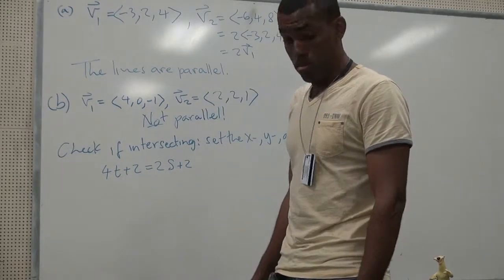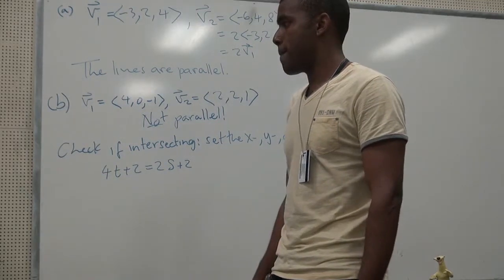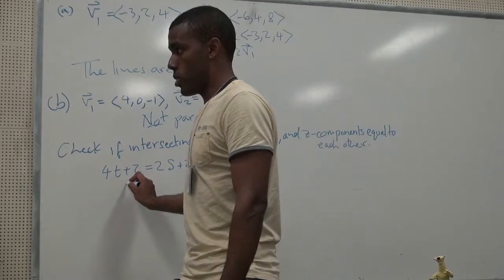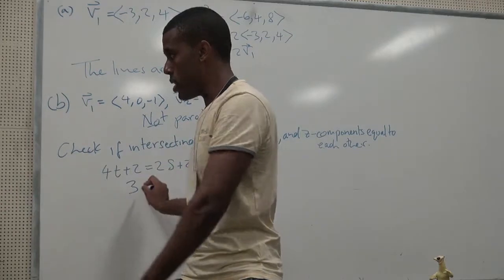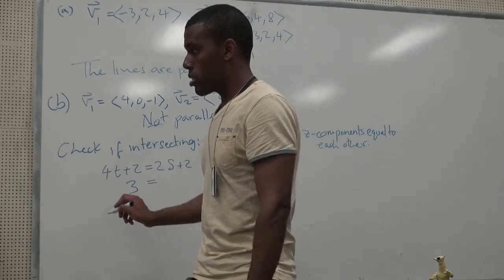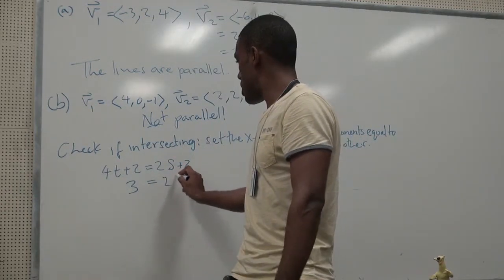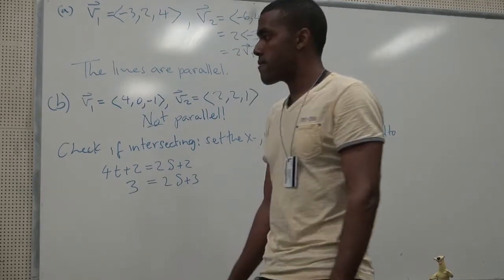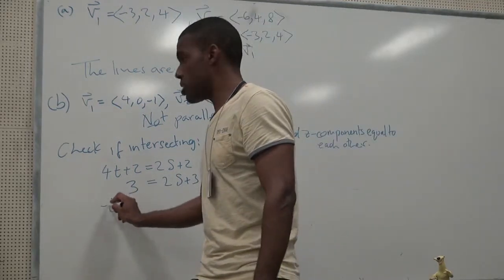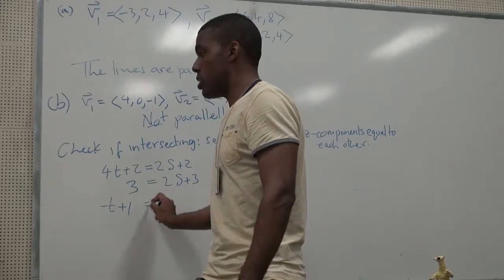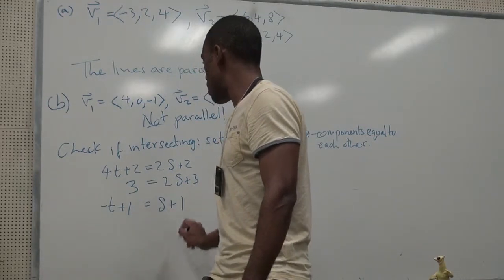And if the y's are equal? The y in the first line is 3. The y in this is 2s plus 3. The z's are equal. We have minus t plus 1 equals s plus 1.